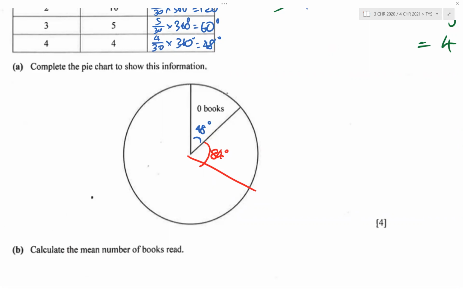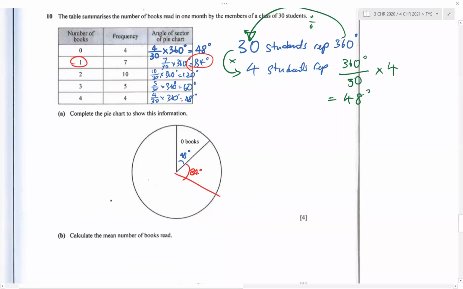Everybody draw. Must know how to draw. So after you have drawn all the angles with another 120 over here, then you must label one book, 2 books. Then the 3 books will be the 60 degrees, 3 books, and finally 48 degrees, 4 books. You have to label and measure accurately.